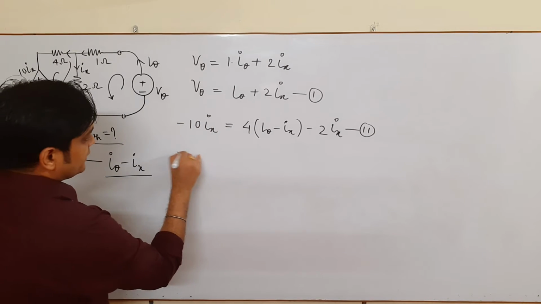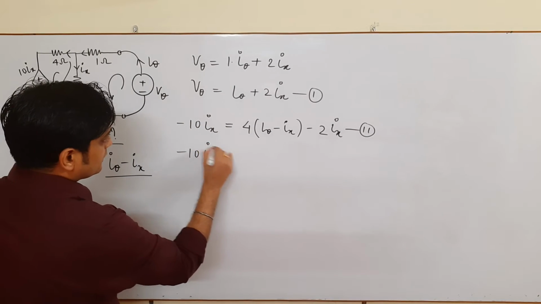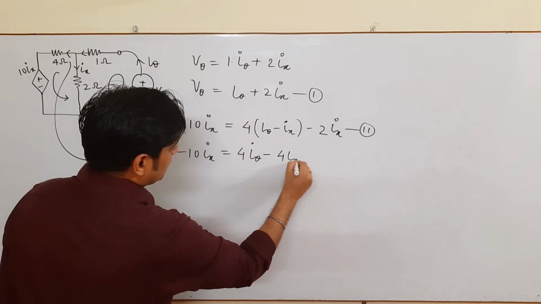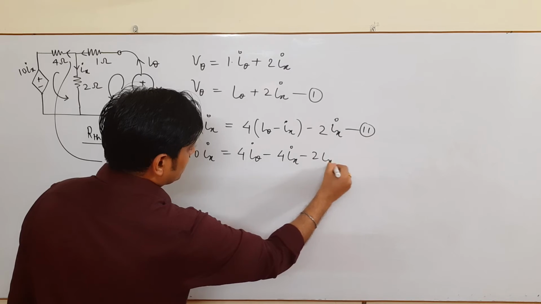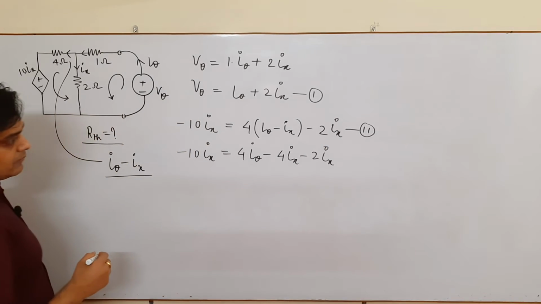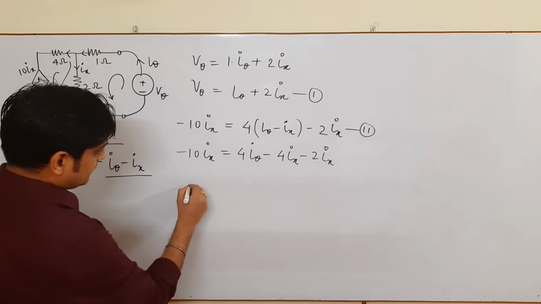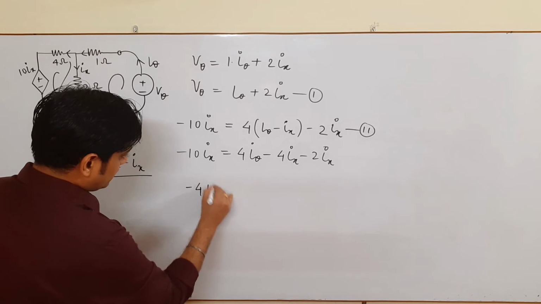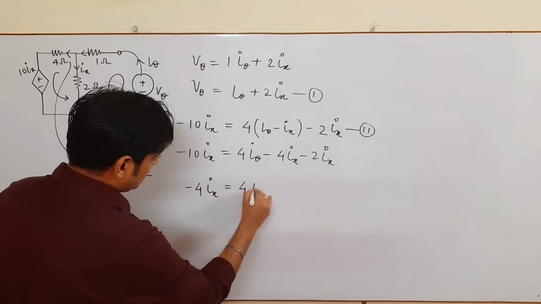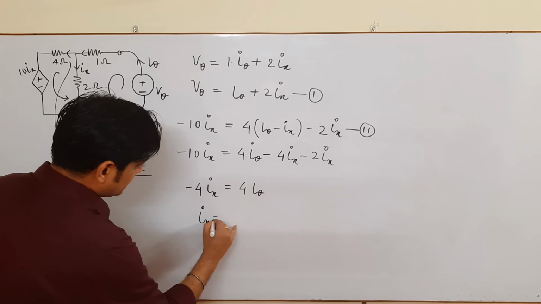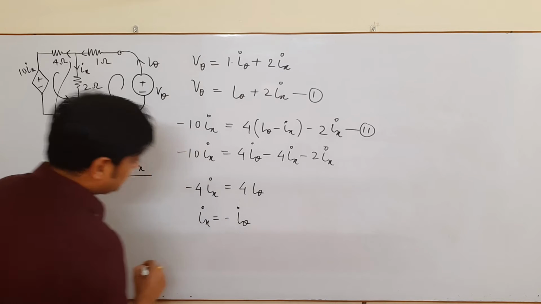So we will solve it as minus of 10 Ix equals 4 I theta minus 4 Ix minus 2 Ix. Okay, so that comes to be how much? We'll take it as 6, so that comes to be minus 4 Ix is equal to 4 I theta, or you can say the value of Ix is basically minus I theta. Very important.